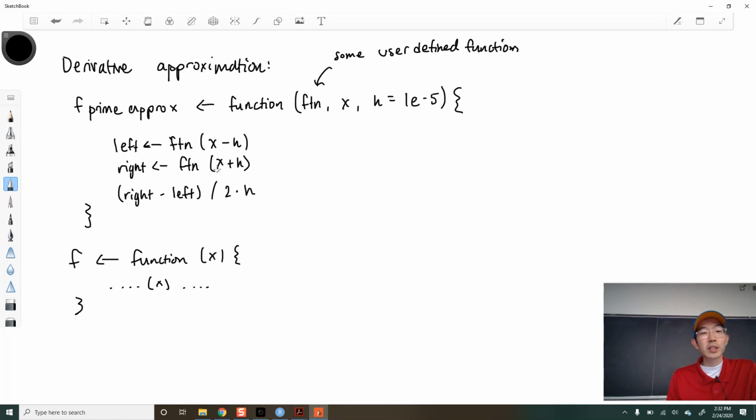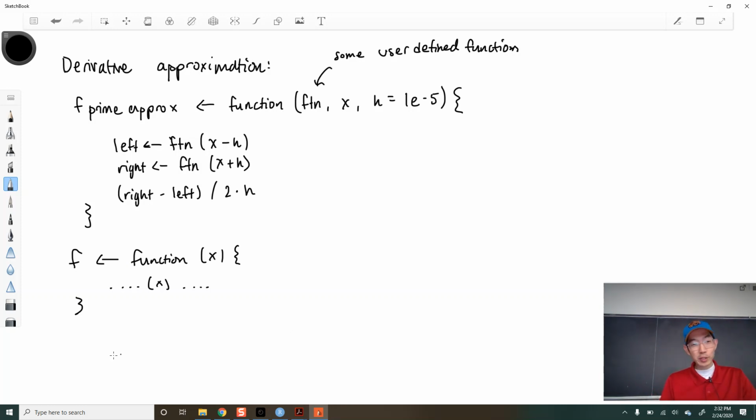And we're just calculating that function at x minus h and that function at x plus h. And we just ask, how much did it change versus the size of h? And we can apply it here. The idea is that we might not know the mathematical specification of the function.